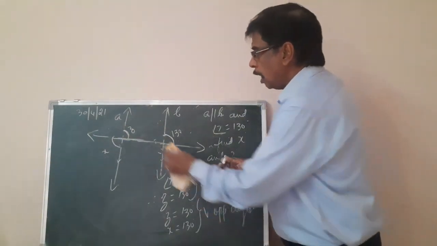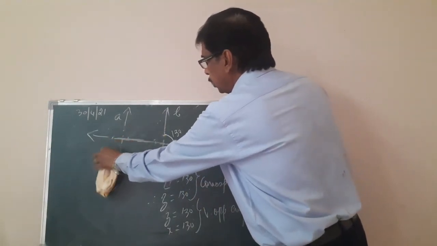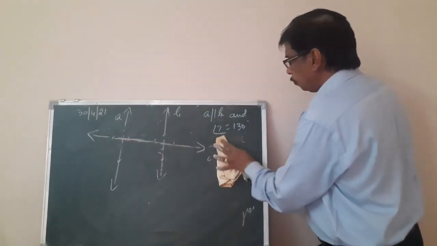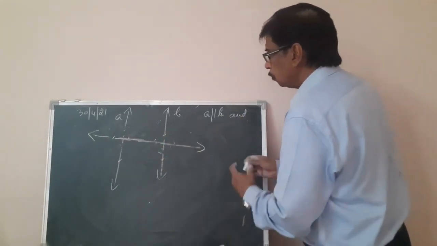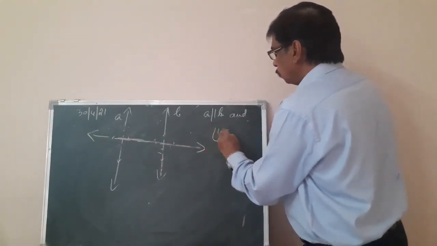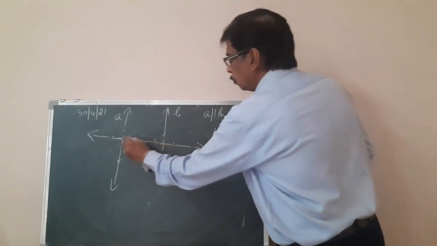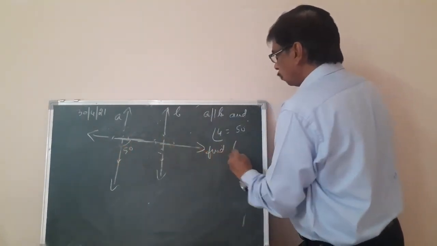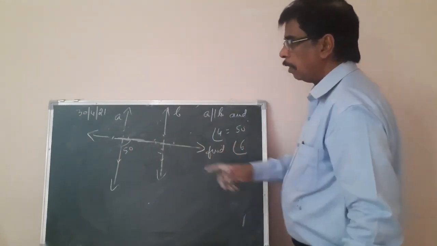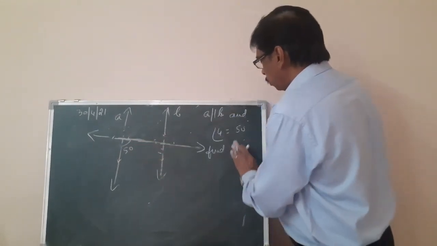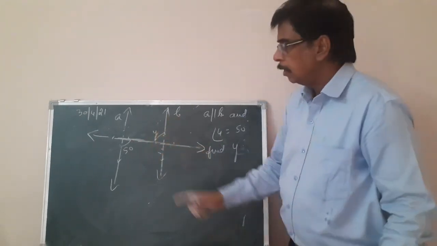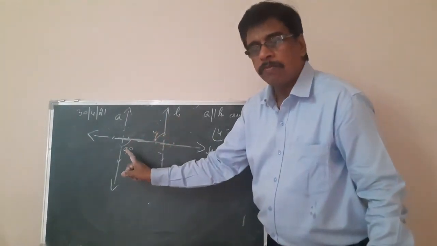And last one, for alternate angles, I am giving you an example. This angle, suppose it is angle 4, angle 4 is 50 degrees.